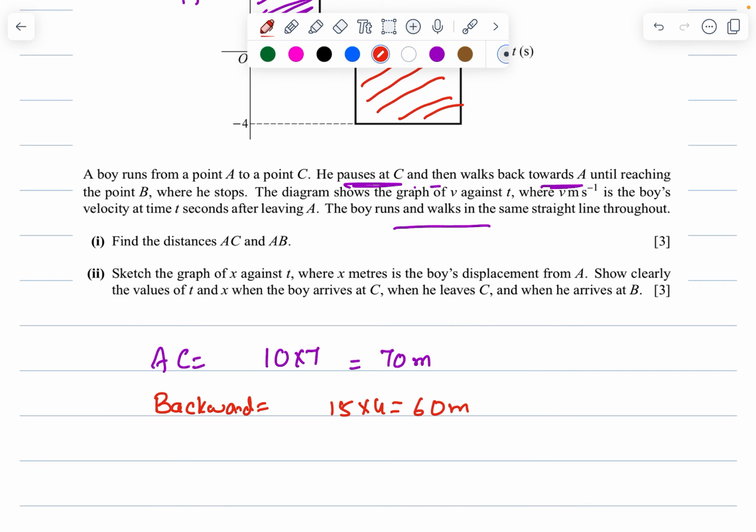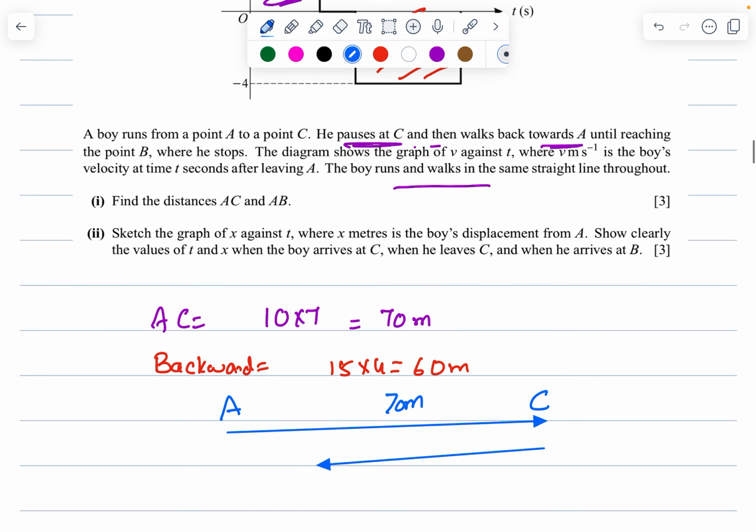So 60 meters. He went forward 70 meters and he came backward 60 meters. So from A to C he went 70 meters and from C to B he came back 60 meters. So the AB distance is going to be 70 minus 60, 10 meters, which is the distance between A and B.